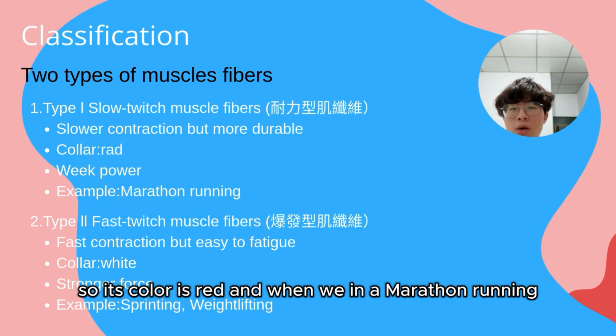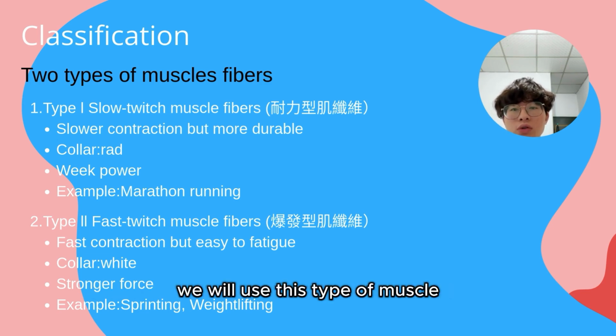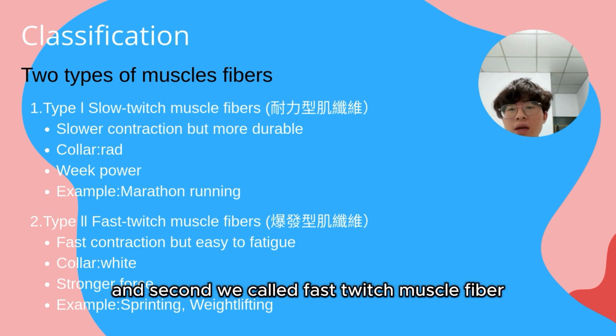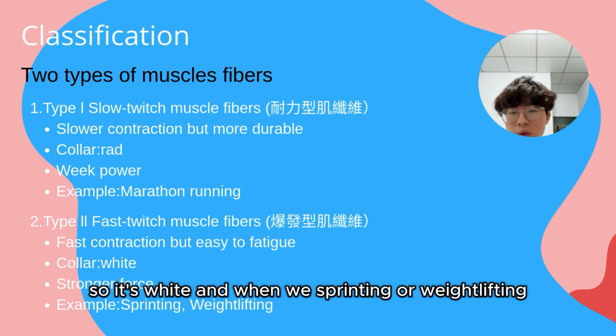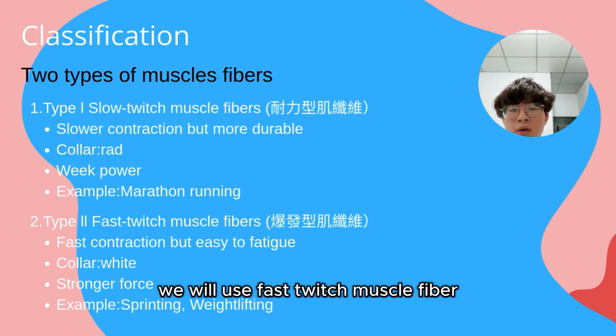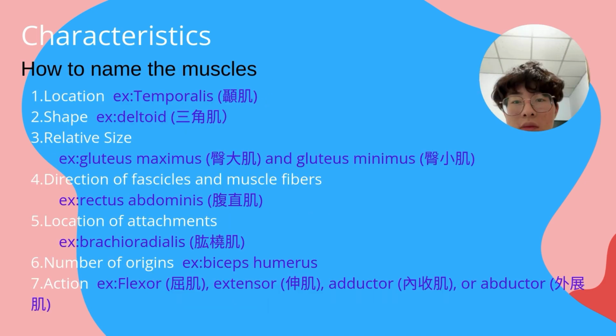When we run a marathon, we use this type of muscle. The second is fast twitch muscle fiber. It contracts fast but fatigues easily, and it has less myoglobin, so it is white. When we sprint or weightlift, we use fast twitch muscle fiber.